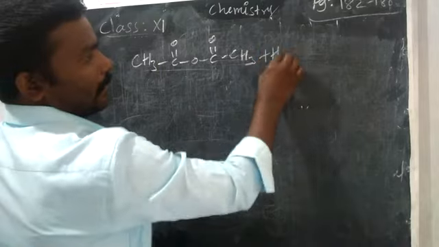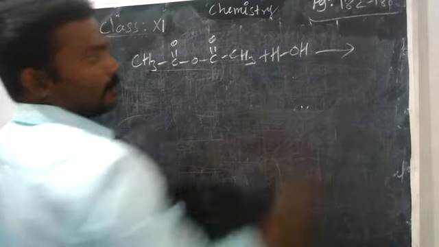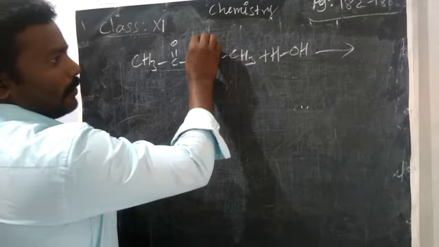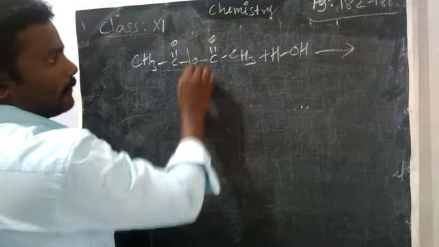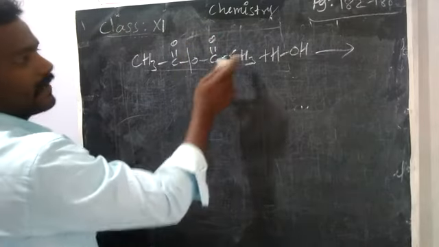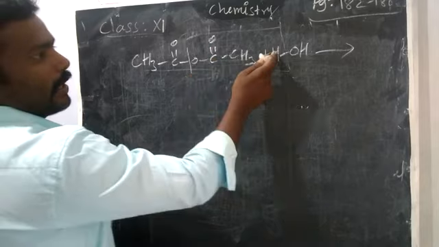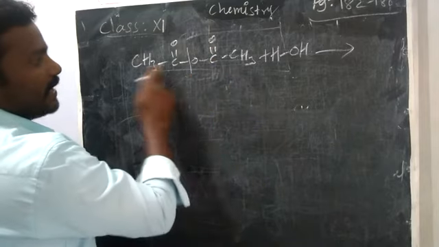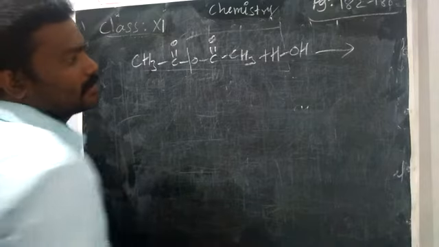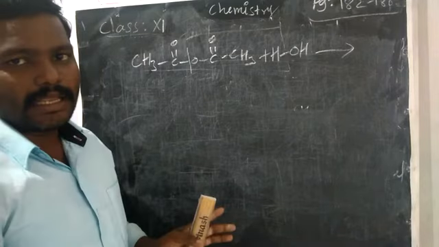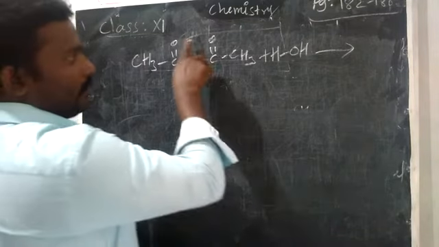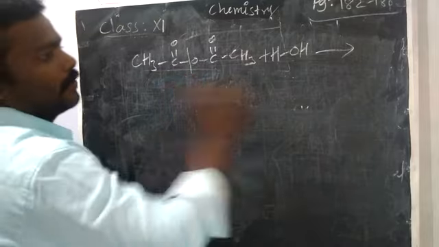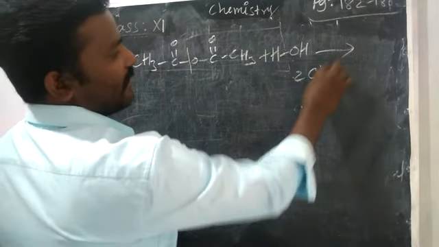With water, as usual, split the water into H and OH. Each side gives CH3COOH, one acid group. You can break here or here, and you will get 2 moles of acetic acid.